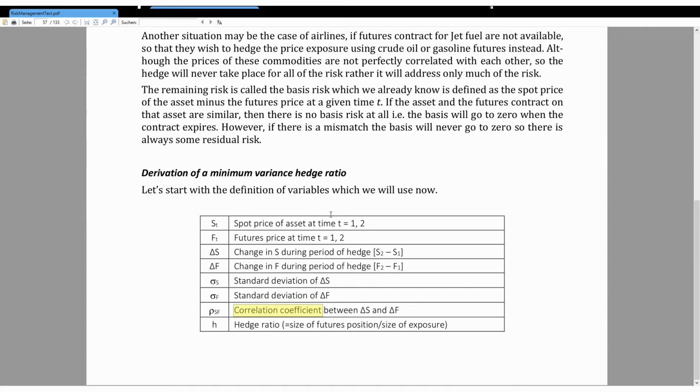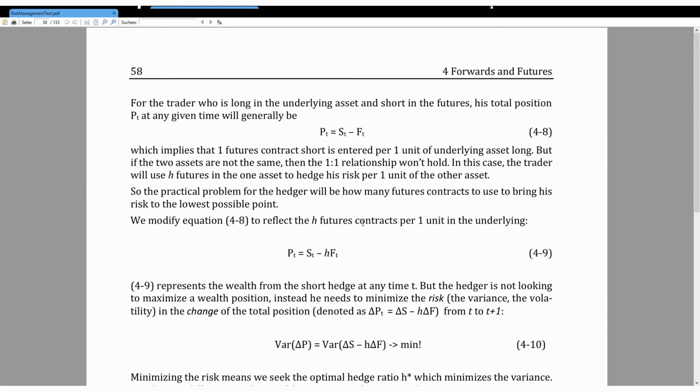So then we need to do some calculation. For a trader who is long in the underlying asset and short in the futures, his position at any given time, because of the marking to market, is S minus F. That's his position at each time t, which implies that one futures contract short is entered per one unit of underlying asset long.